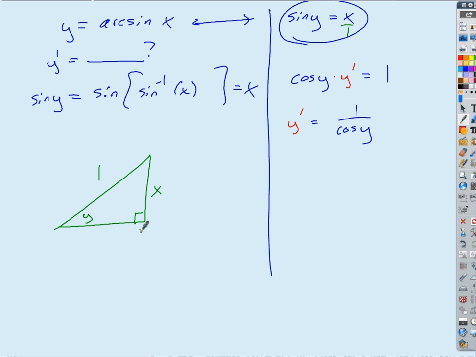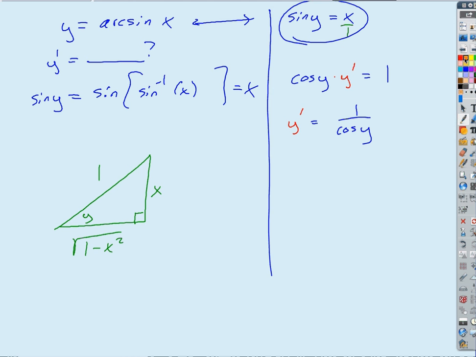By the Pythagorean theorem, that side squared plus x squared equals 1 squared, right? So that side squared must equal 1 minus x squared. So isn't this just the square root of 1 minus x squared?